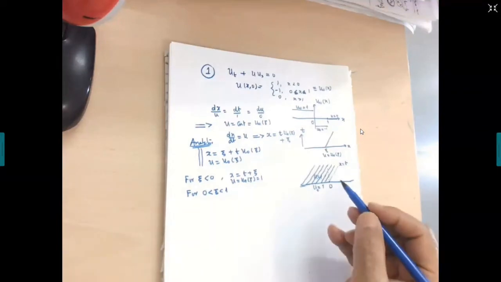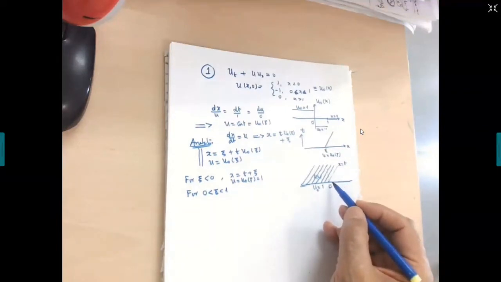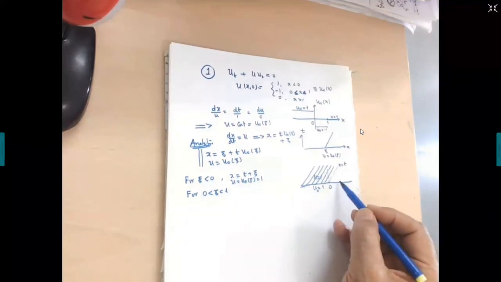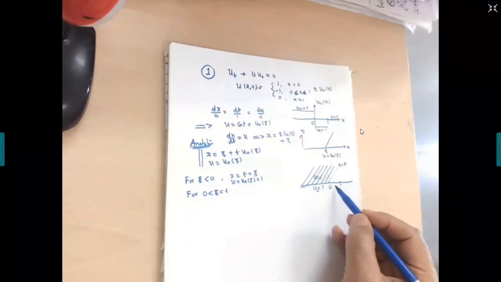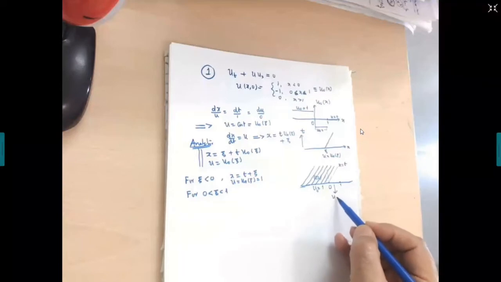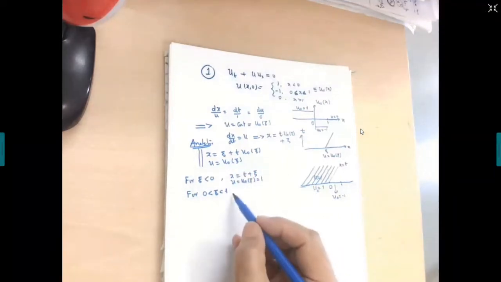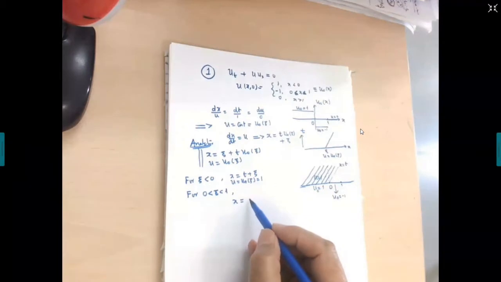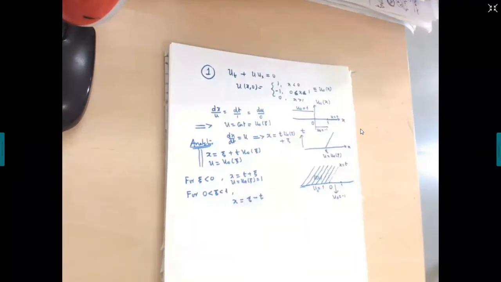For characteristics which originate from here, because here in 0 to 1, what is u? u is equal to u naught, which is minus 1. So the characteristics are x is equal to xi minus t. These are the characteristics.